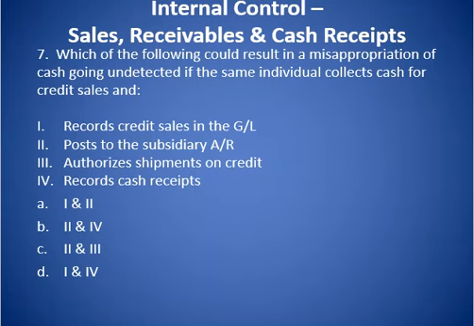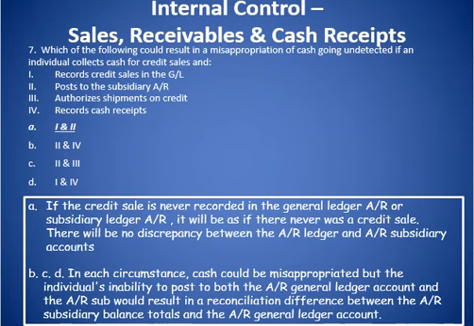Okay, answer to number 7. Which of the following could result in a misappropriation of cash going undetected if an individual collects cash for credit sales? In this case the answer is A, records credit sales in the general ledger and posts to the subsidiary accounts receivable records.